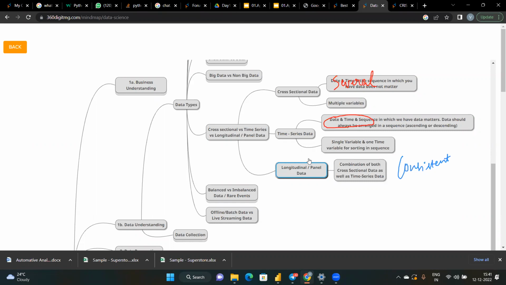So it is a combination of both time series and cross-sectional data. Okay, longitudinal or panel data is nothing but a combination of both cross-sectional data as well as time series data. Sir, what is this panel data? You're saying this is a combination. Can you explain?